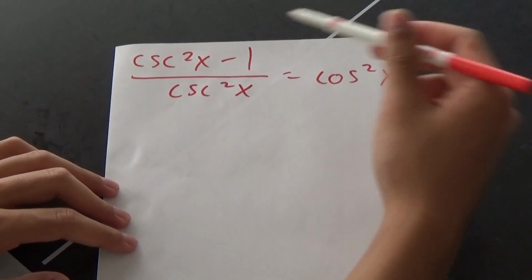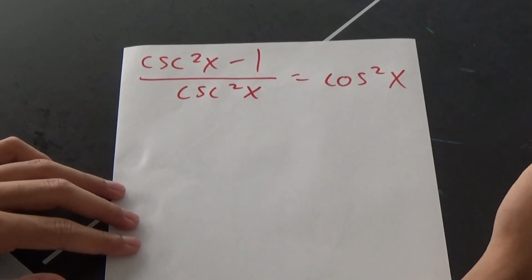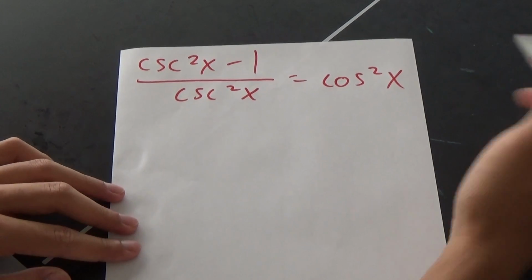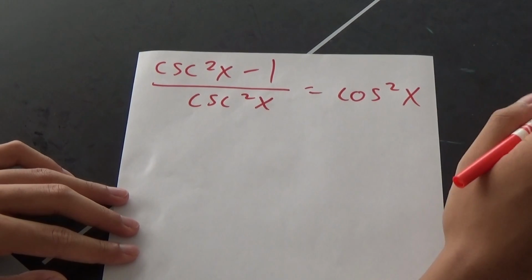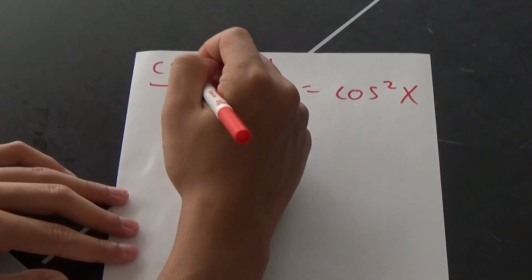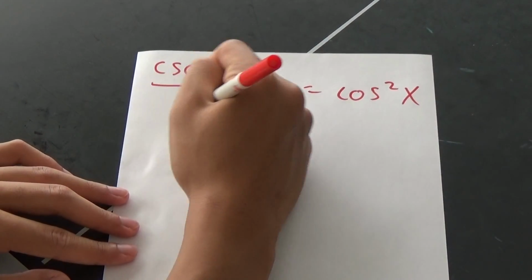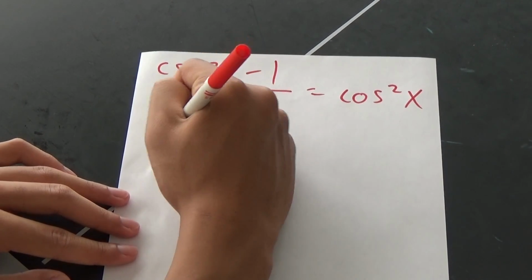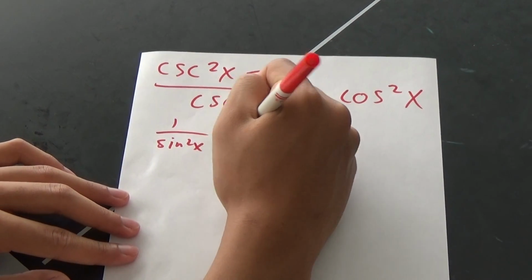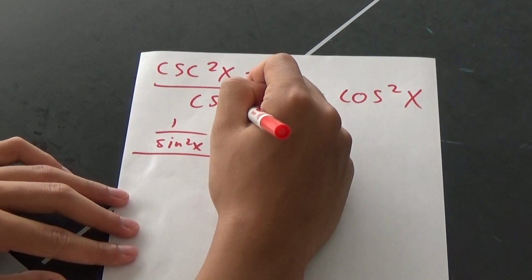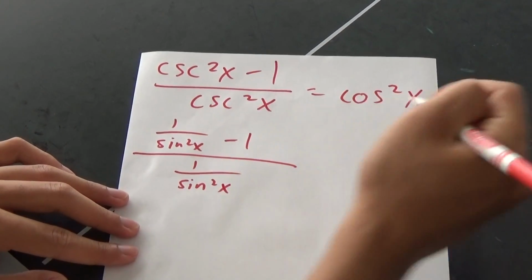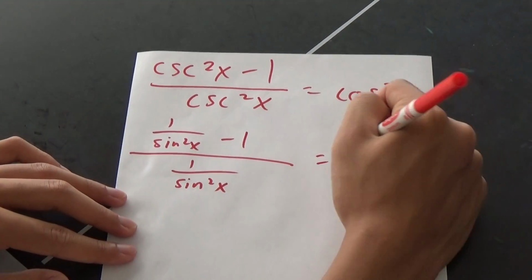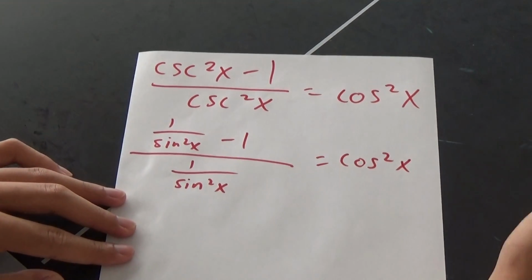If you're not familiar with the secants and the cosecants, it's probably a better idea to convert them into their sine and cosine forms whenever you can, so you know how to deal with them. So cosecant squared becomes 1 over sine squared x, all that minus 1. And then you have another cosecant squared, so 1 over sine squared x, and of course that equals cosine squared x.